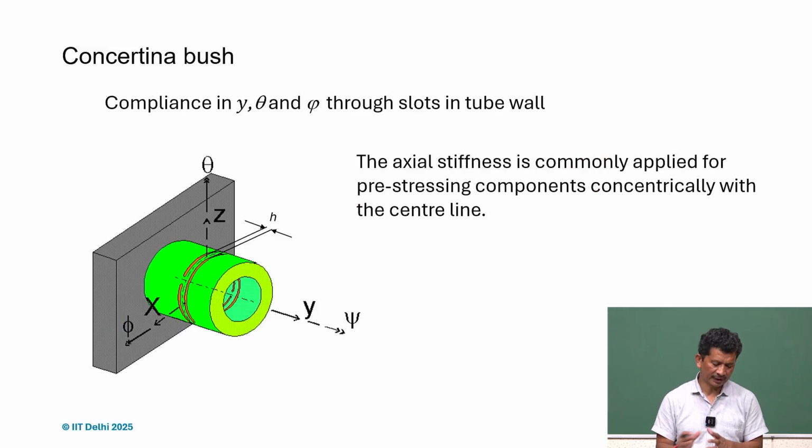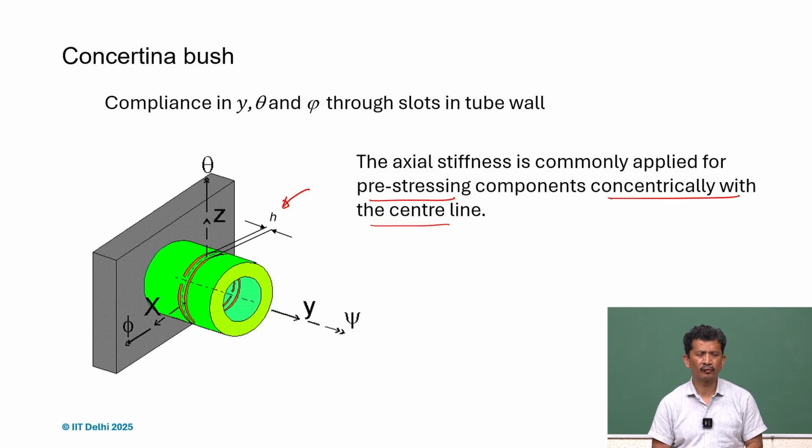Since the stiffness in y direction can be manipulated using h, we can create a kind of preloading along the center line, and these arrangements are used for pre-stressing components along the center line. So if you want to design something so that we can press anything inside, we can use this kind of arrangement.